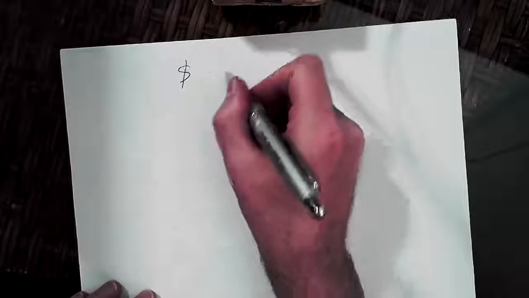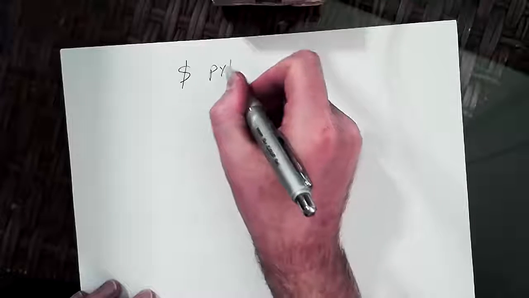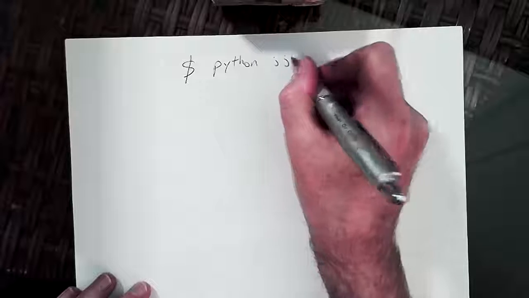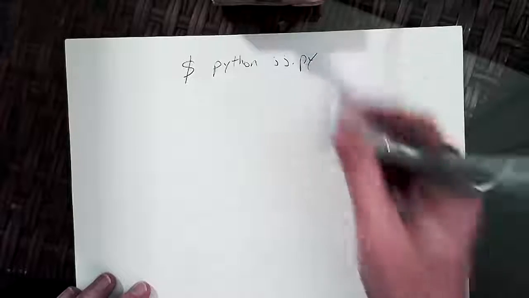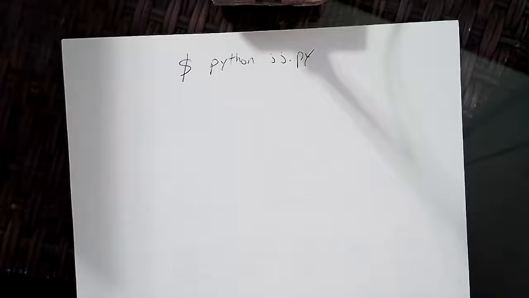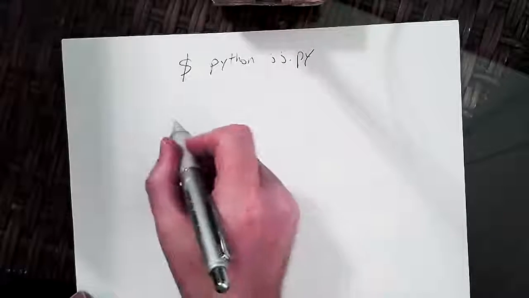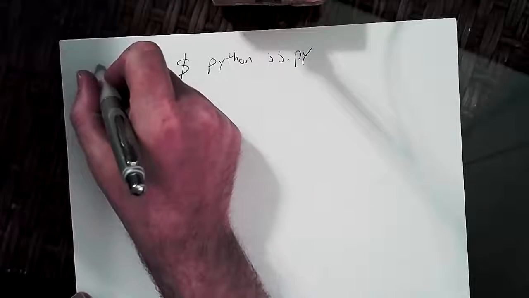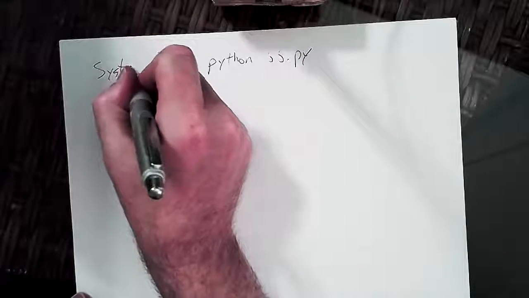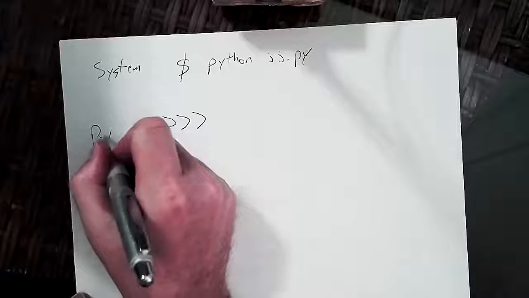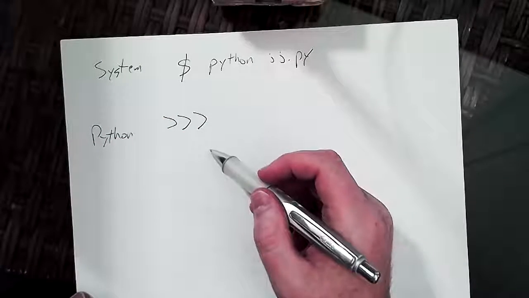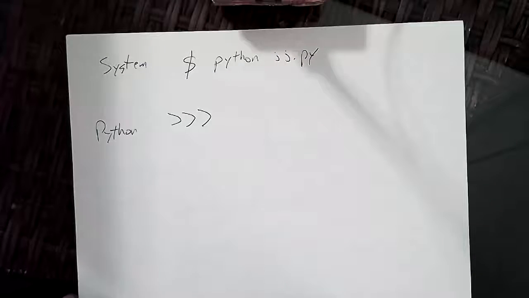From there you can type Python and then the name of the file, which was jj.py. After you've run Python, you get a different prompt, the three greater-than signs. This is inside of Python. You can't ask to load Python when you're already inside Python. Even though it looks similar, you're not at the same kind of command prompt.